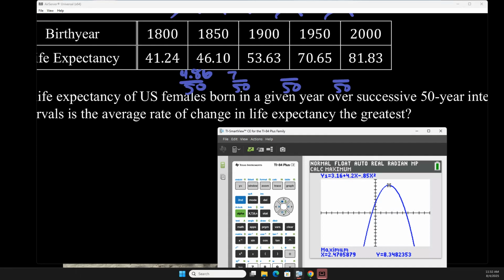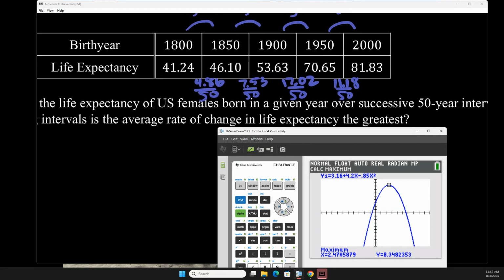That's going to be 7.53. So that's a nice jump. And then the next one, we'll subtract 70.65 minus 53.63, and that's 17.02. So I think something important happened during that time span. Maybe the invention of penicillin. I think that might be what it is. I'm not 100% sure.